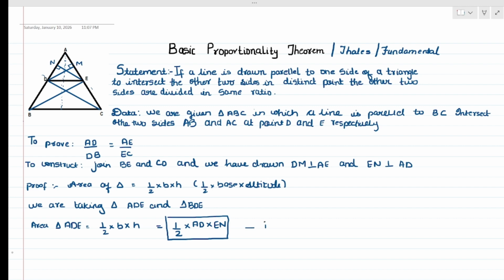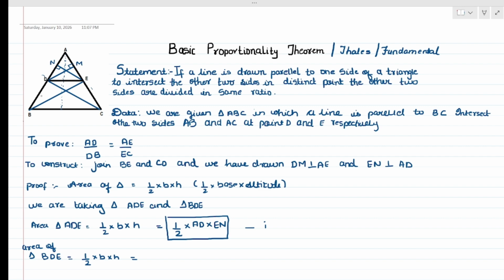Okay. Now you are taking triangle BDE. For the area of triangle BDE, write area of triangle BDE. What is the formula? Its formula is half into base into height. So again, take into consideration this triangle BDE. What is my base? My base is BD.